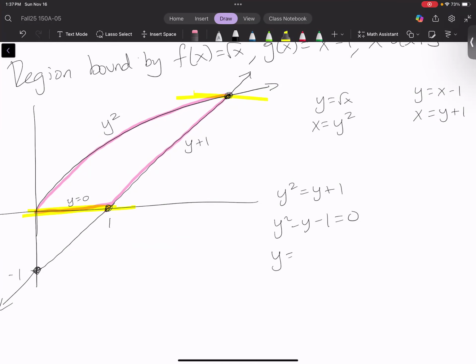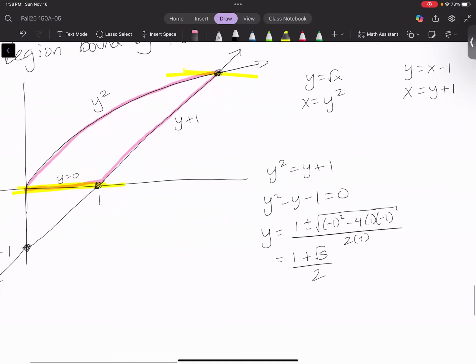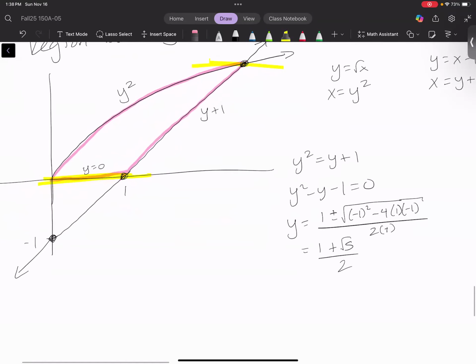So we'll just have y equals negative b, so 1, plus or minus the square root of negative 1 squared minus 4ac, over 2a. We're going to use the plus because the minus would give us a negative answer, but clearly that's a positive y value. So 1 plus root 5 over 2. That's a very famous number, by the way. So 1 plus root 5 over 2, that's our upper bound.